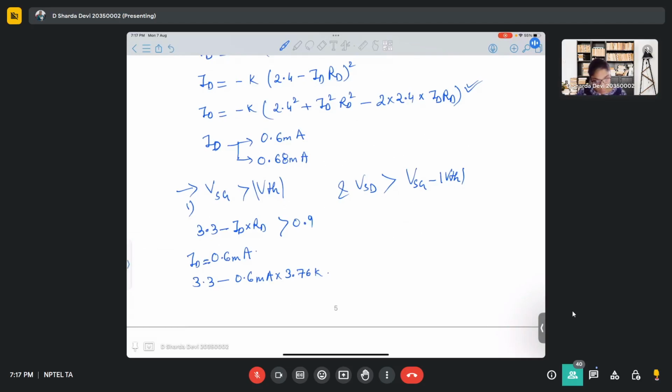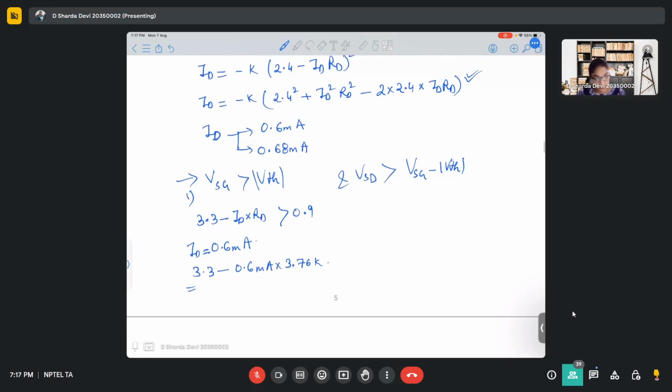So what is the value of VSG that you are getting? It's 1.044 volts, which is greater than 0.9.